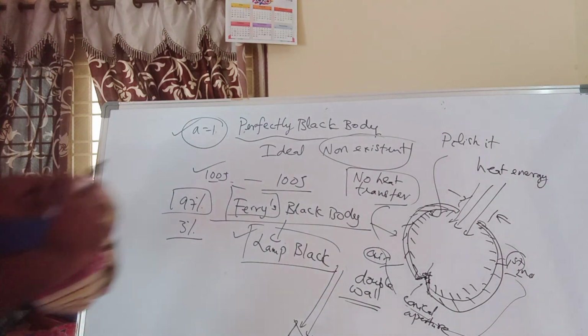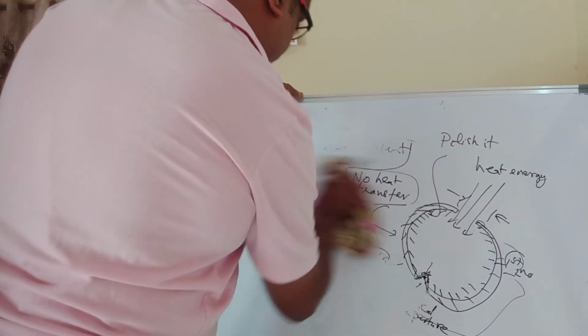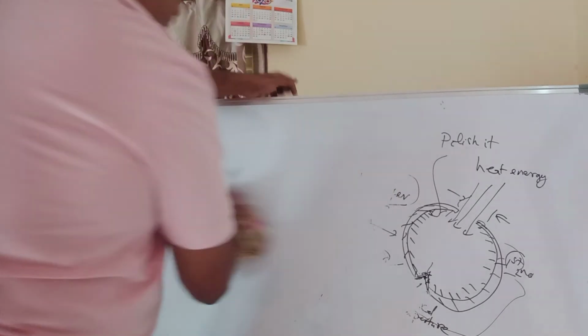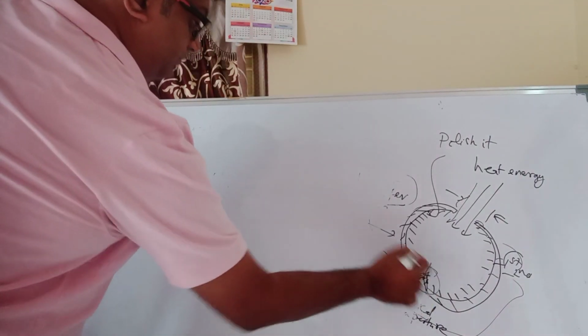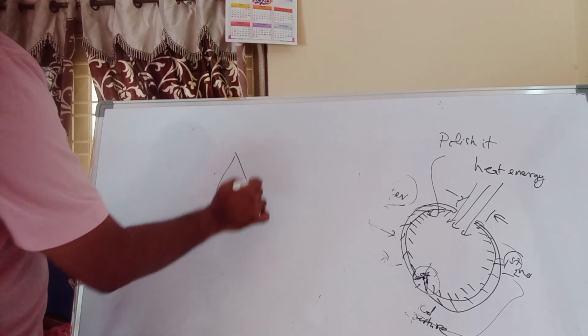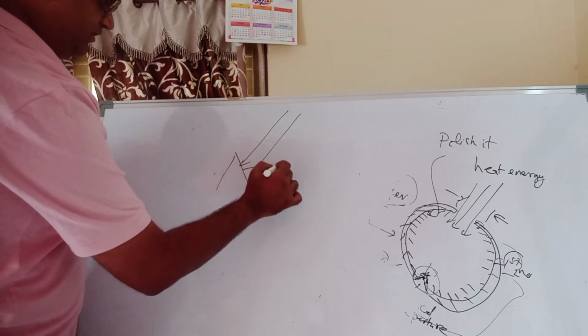Let me draw it again. The setup is like this. This aperture I'm drawing is kept like this. Heat is falling on this, and obviously it will reflect.